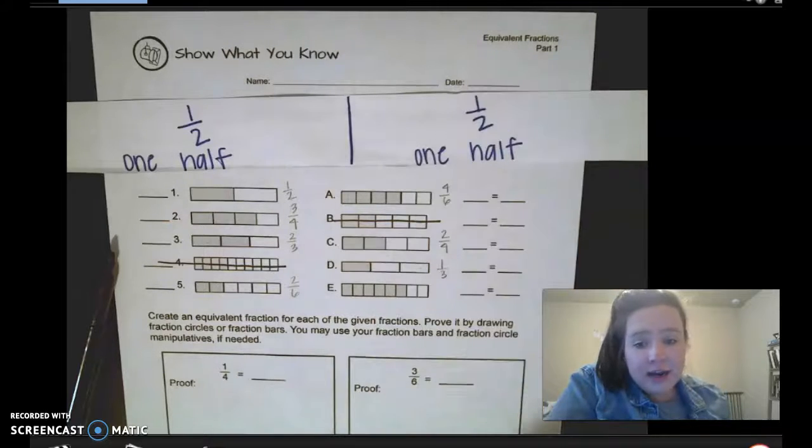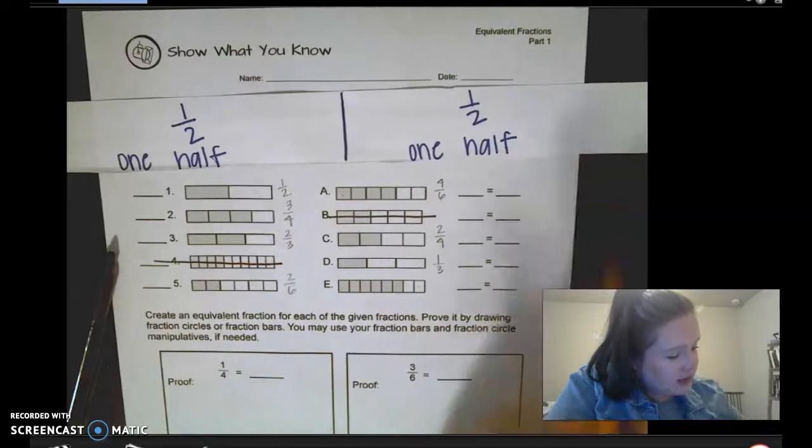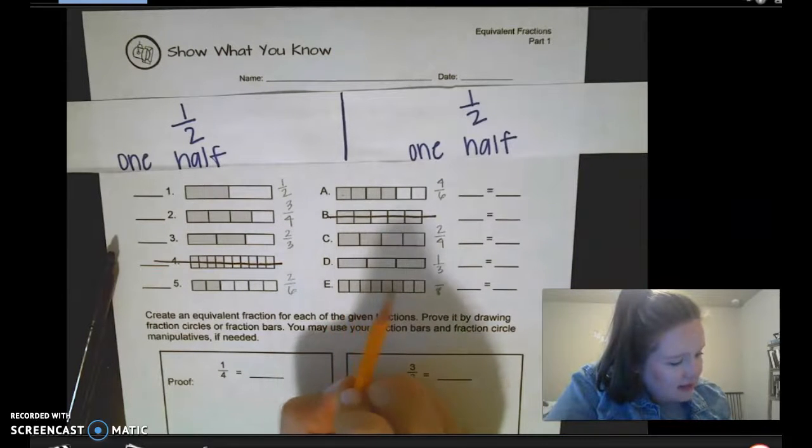And 1 is shaded. 1, 2, 3, 4, 5, 6, 7, 8. 1, 2, 3, 4, 5, 6.